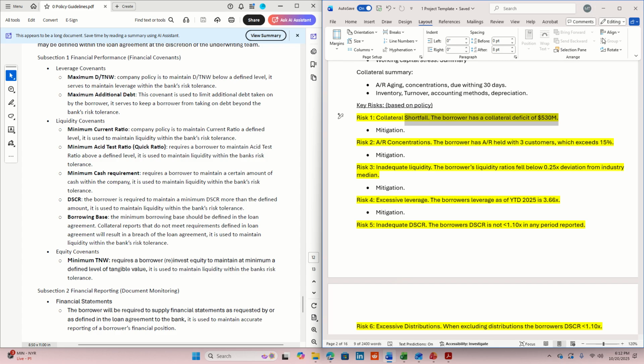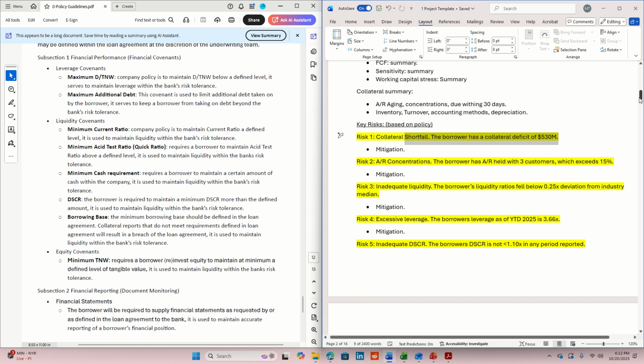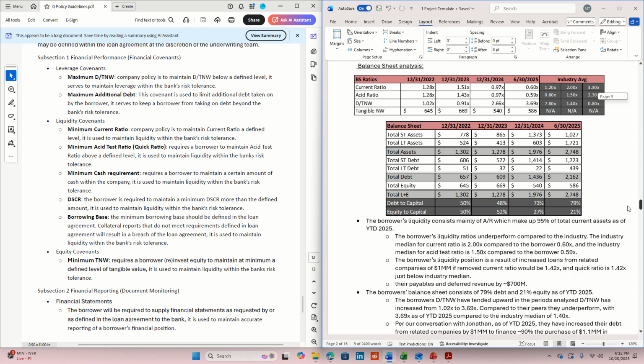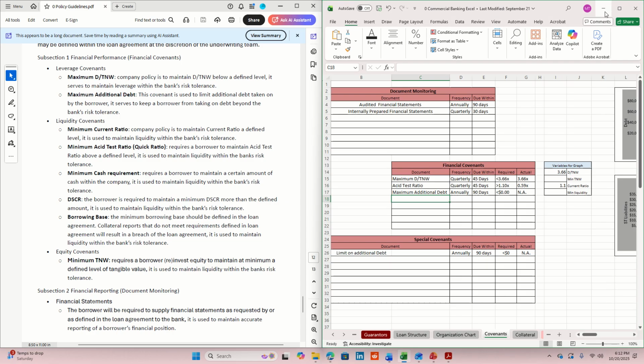A good way to get around that is to require them to have a decent tangible net worth, right? Right now their equity is at 586. So we'll say they must keep their net worth above 586,000. So their net worth can't go down.